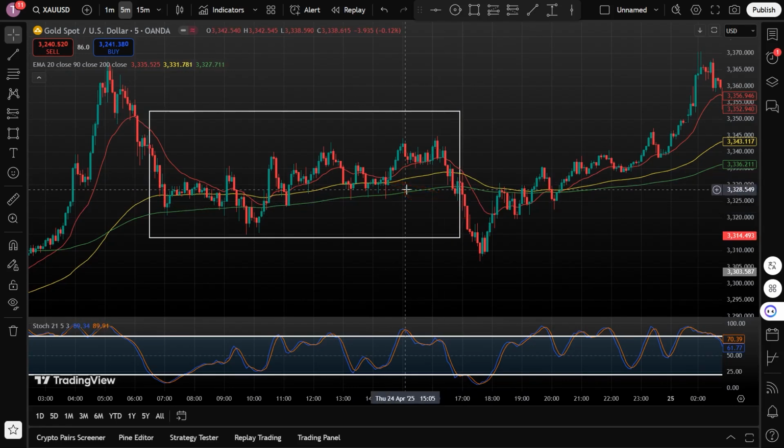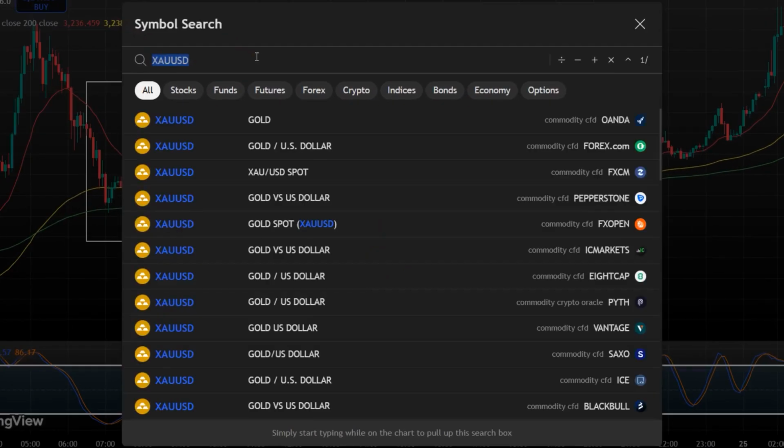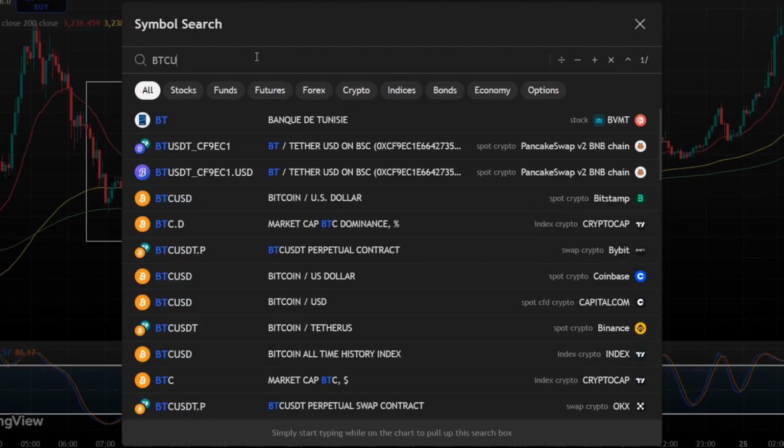Now that we have successfully tested it on gold, let's move on to other symbols. First, let's check out BTC/USD.